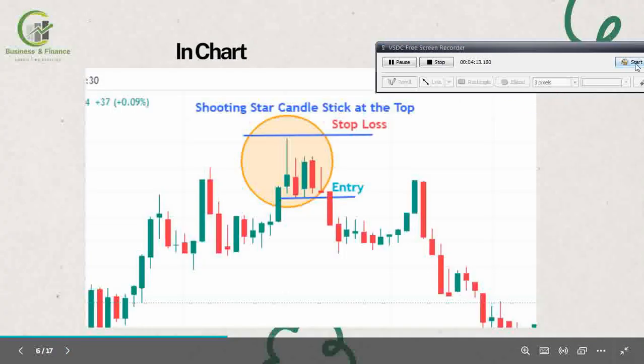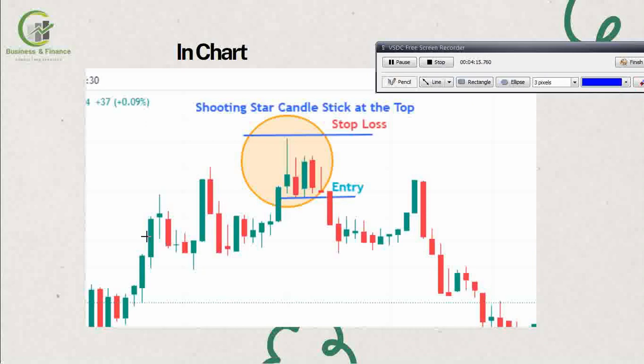Now, as you see, the market is in an uptrend, and suddenly a big inverted hammer candlestick forms. After observing that, we have to see that the follow-up candle closes below the low of the inverted hammer candle. We also call it the shooting star candle. We should not trade right after that.